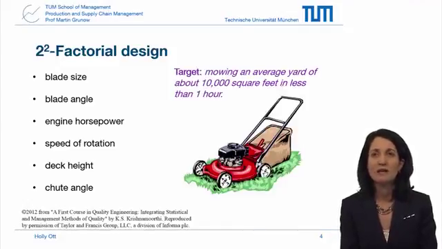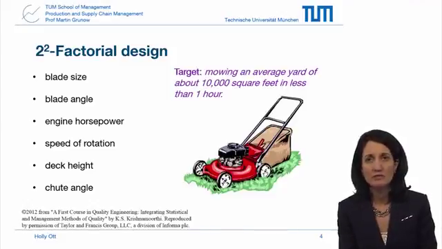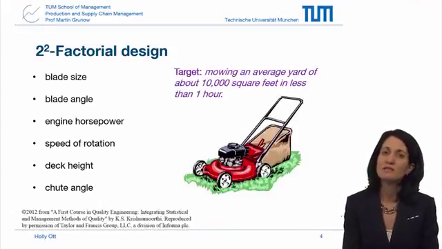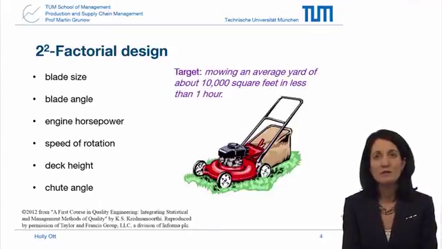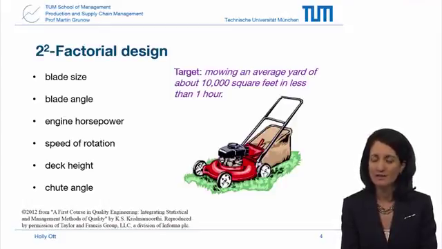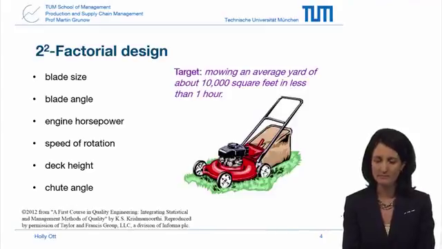That is, by trying different values for the product parameters, measuring corresponding performances, and choosing the set of parameters that gives the desired performance. So for this lawnmower example, we have to set up an experiment with the objective of finding the best set of values for the product parameters that will enable the cutting of a yard that is 10,000 square feet in size in 1 hour or less.